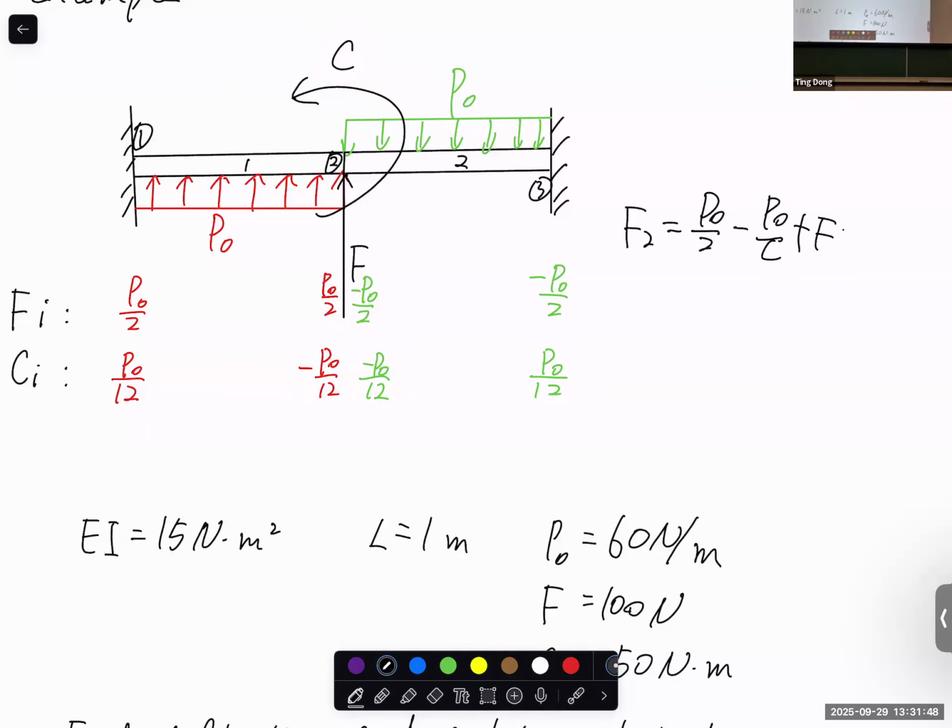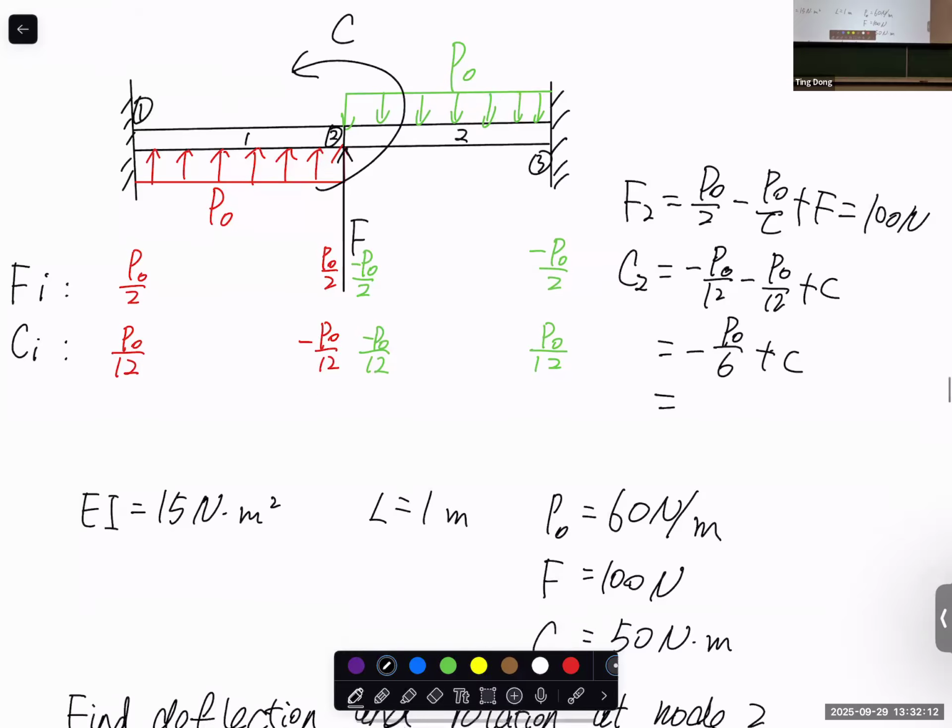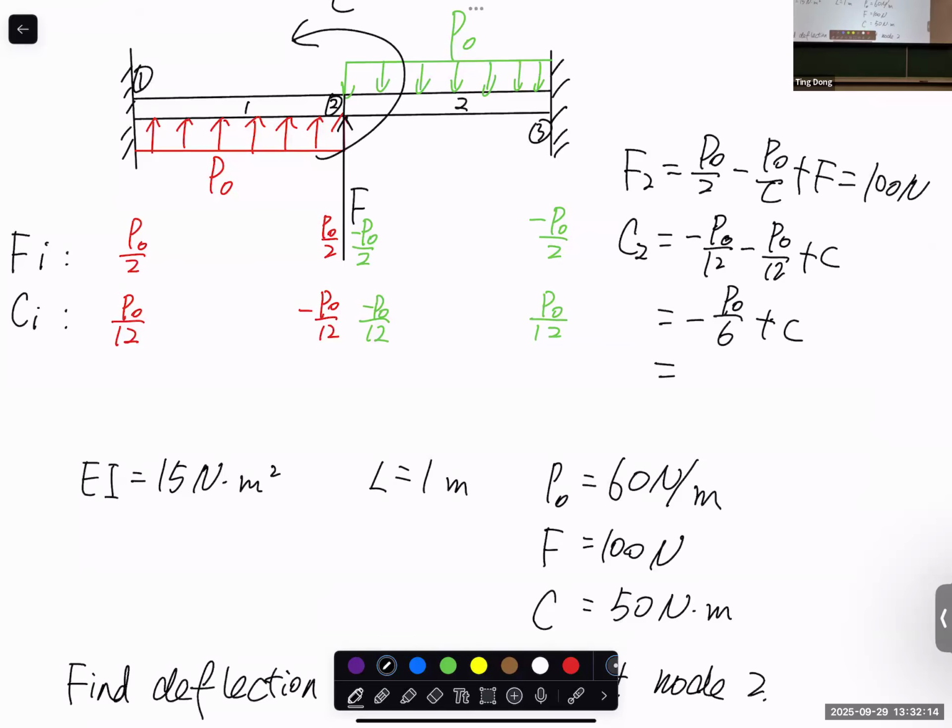plus F, and F is given as 100 Newton. C2 should be equal to negative P0 over 12, P0 over 12 plus C. So negative 6 plus C equal to negative 10 plus 40.